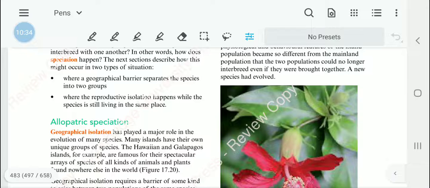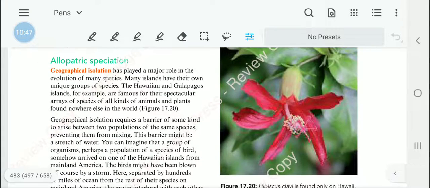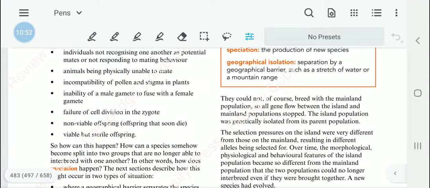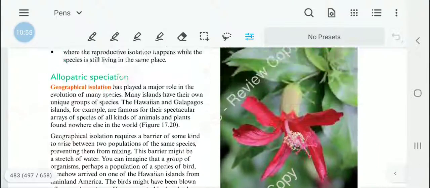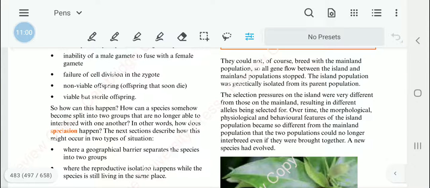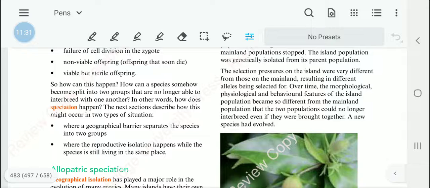When a species separates into two groups geographically, they will get adapted to the new conditions, where selection pressures result in these organisms having different alleles being prominent, and over time morphological, physiological and behavioral features becoming different from the other group.